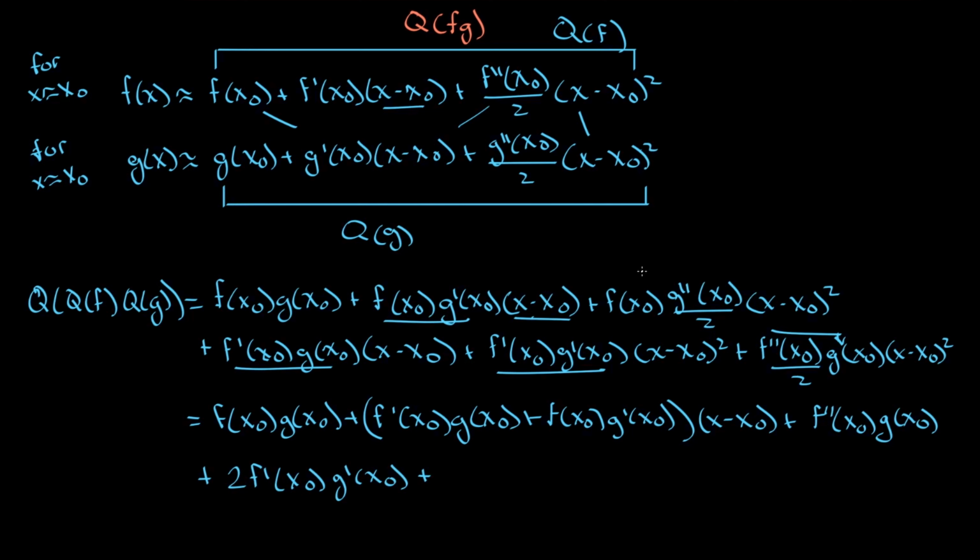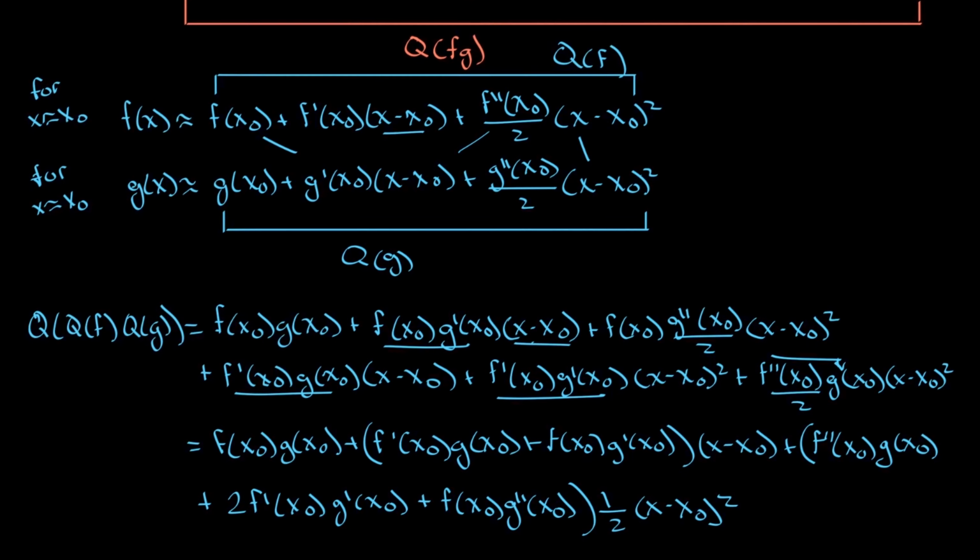And then our last term over here, f of x naught times g prime of x naught. And again, we're factoring out a 1/2 times x minus x naught squared. So this whole thing here is going to be multiplied by 1/2 times x minus x naught squared. And what we have in blue down here is exactly what we have in orange.